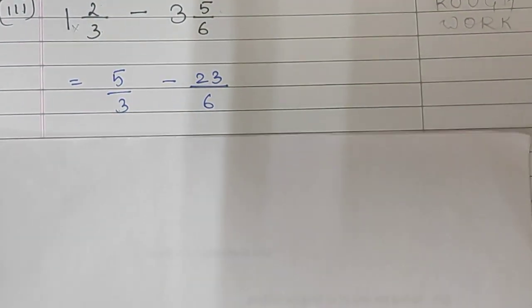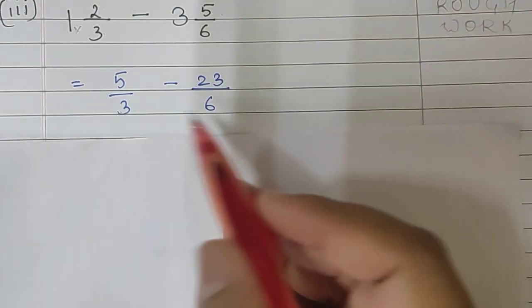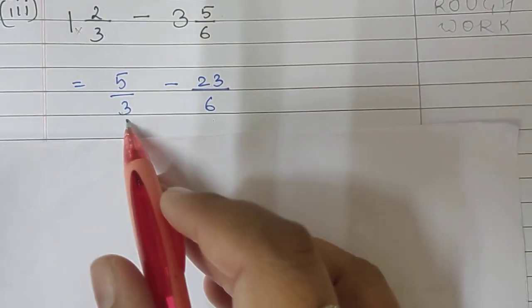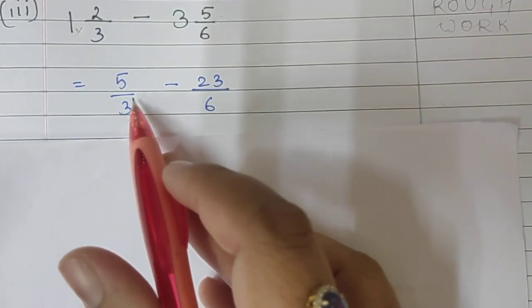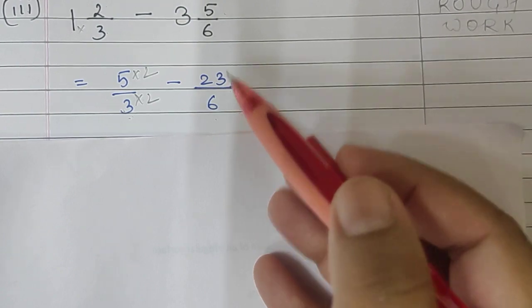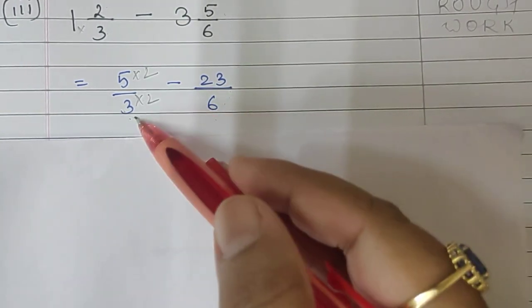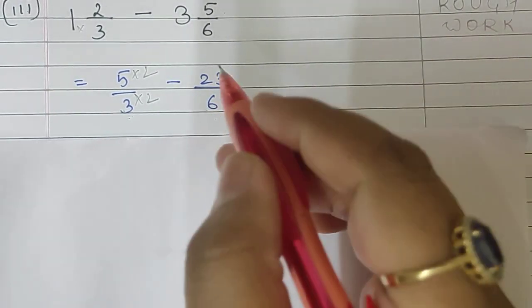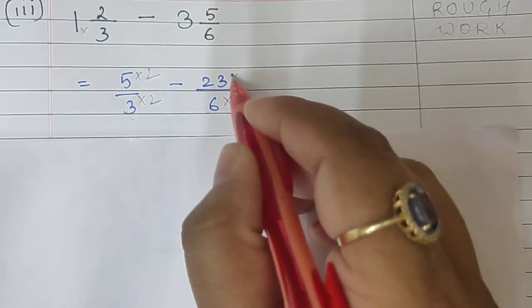If we have to subtract them, remember, 6 goes in the 3 times table. Straight away, if we multiply here by 2, then it will become 6. Here we don't have to do anything because 3 2s are 6, and 6, if you want, you can write 6 ones are 6.